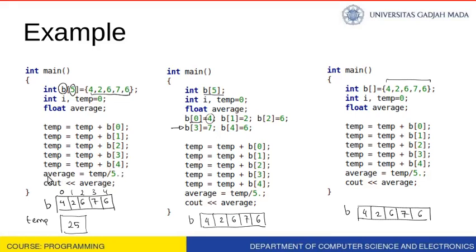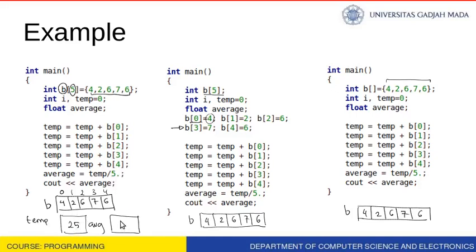And then the next line is we calculate the average. So we have this memory, which the name is average. I will make it short, AVG. And what is average? Average is the variable temp, which is 25, divided by 5.